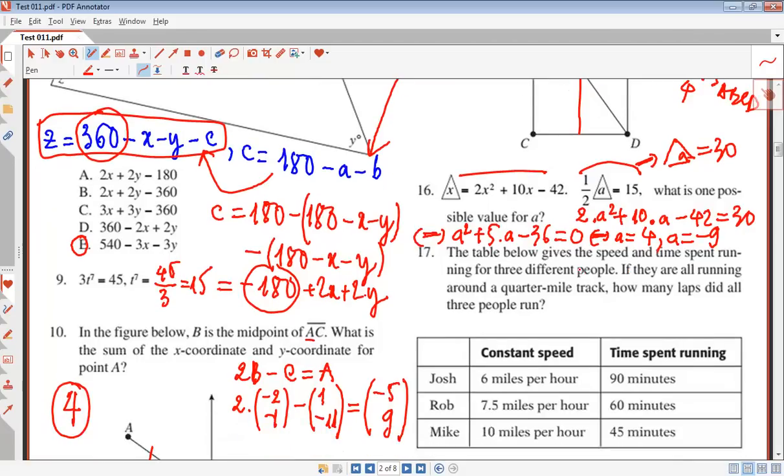Now question number 17. The table below gives the speed and time spent running for 3 different people. If they are all running about a quarter mile track, how many laps did all 3 people run?